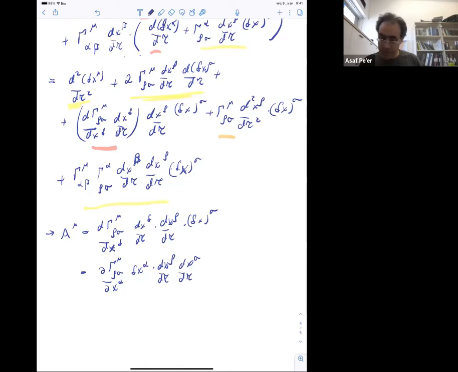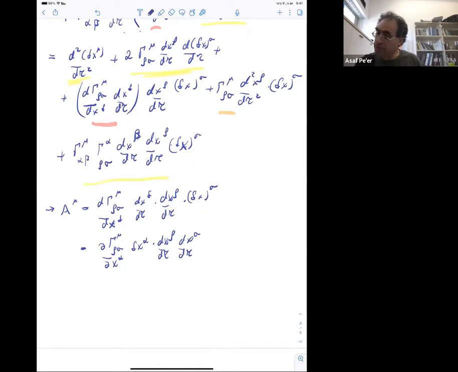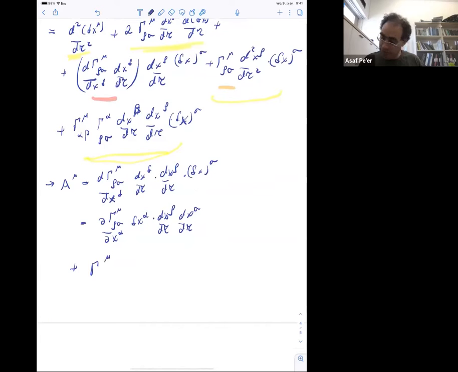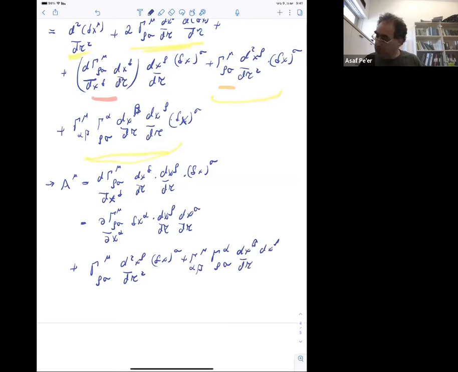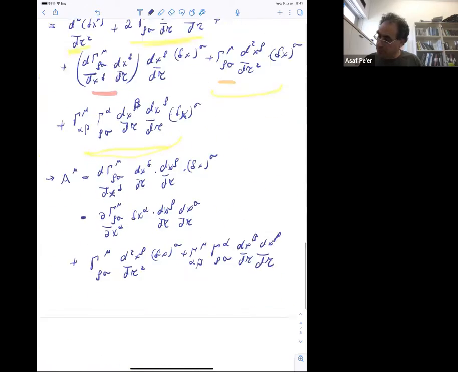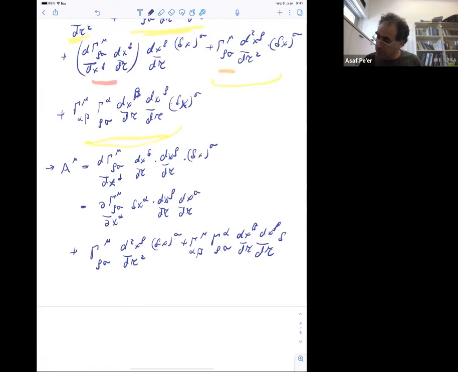And then the other terms that are left should be these last two terms. So plus gamma mu rho sigma d squared x rho over d tau squared delta x sigma plus gamma mu alpha beta gamma alpha rho sigma dx beta over d tau dx rho over d tau delta x sigma.